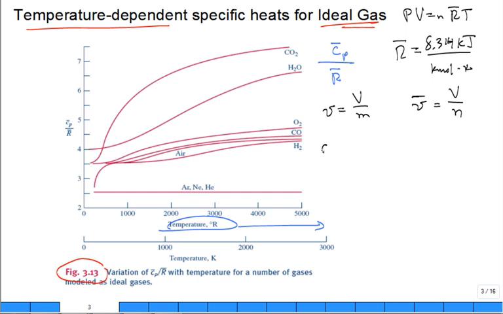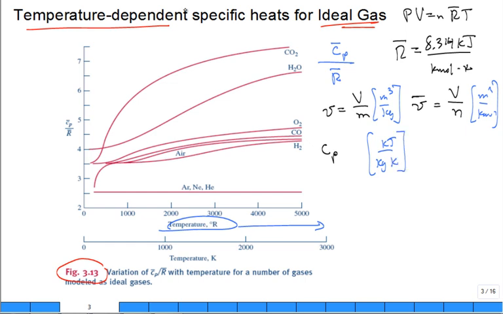So we got C sub P, that was our specific heat, constant pressure. And we recall the units on this one are meters cubed per kilogram. This one was meters cubed per kilomole. We think about our units for C sub P, kilojoules per kilogram Kelvin.